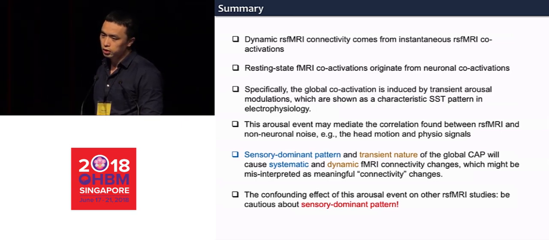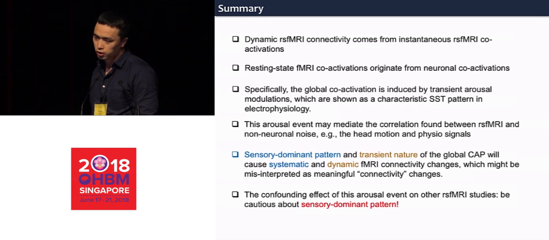Those arousal events may mediate the correlation between resting state fMRI and those non-neuronal signals. And the sensory dominant pattern and the transient nature of those global co-activations will cause systematic, dynamic fMRI connectivity change, so it might be misinterpreted as meaningful connectivity change.